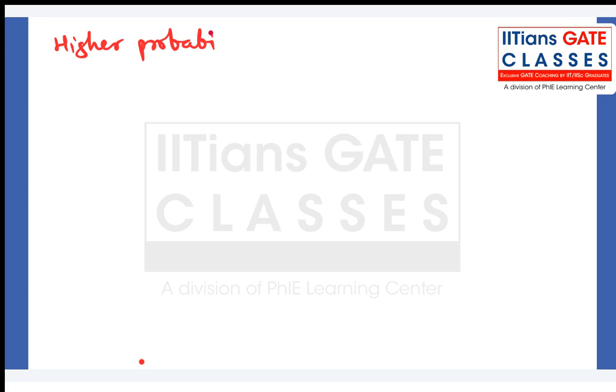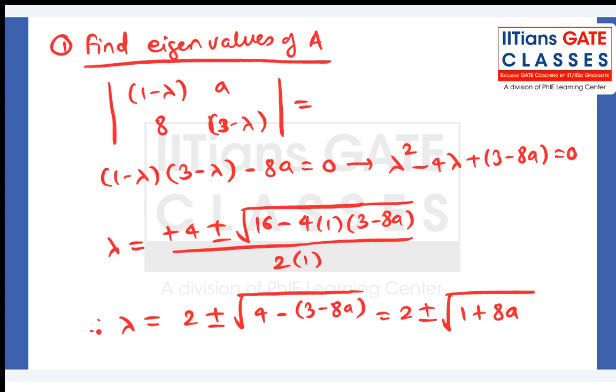Yeah, higher probability of negative lambda will be for, because if you have the plus sign, it will never be negative, right? So actually, not higher.